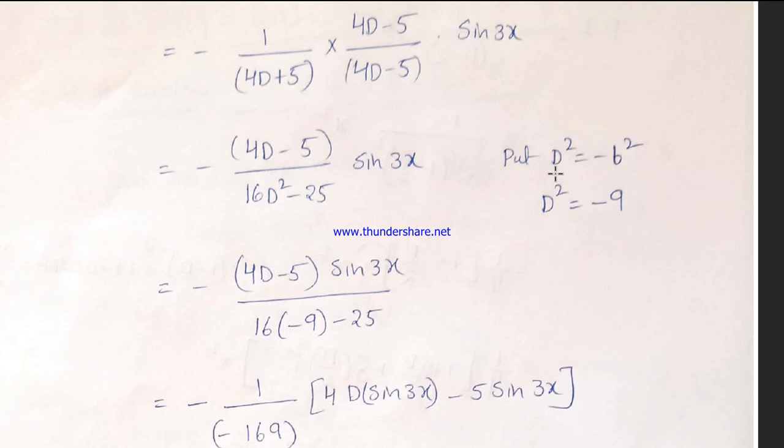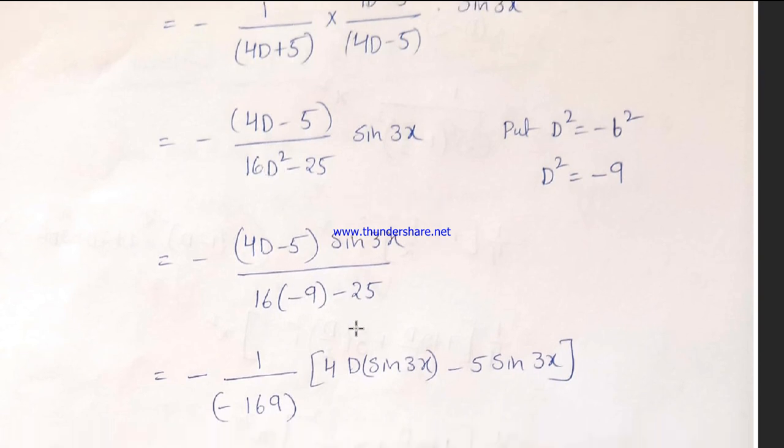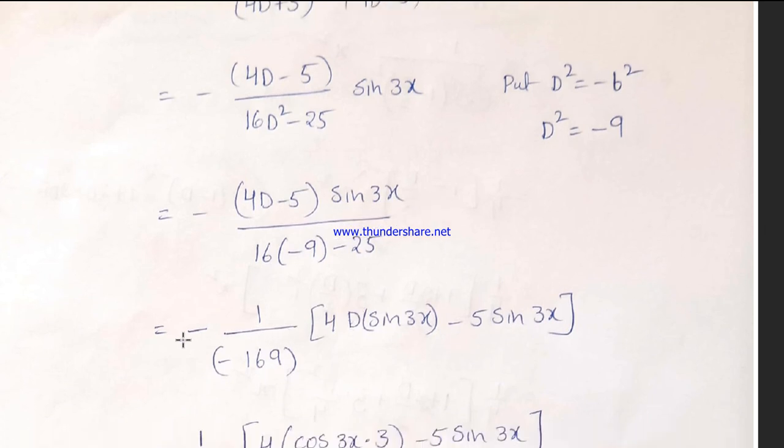Again you have to substitute D square is equal to minus b square, that is D square is equal to minus 9. Then you can write minus of (4D minus 5) sine 3x by 16 into D square is equal to minus 9 minus 25. So we get the constant term as minus 1 by minus 169, and sine 3x multiplied with (4D minus 5), that is we can write 4 into D of sine 3x minus 5 sine 3x.